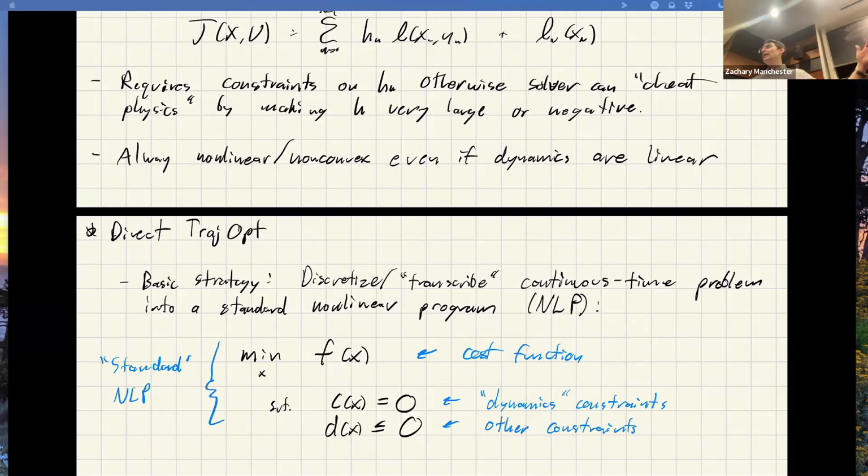In particular, IPOpt, which is the one we're going to use in here, which was developed at CMU, actually in the chemical engineering department, takes in problems of this form. There's also SNOPT, Knitro, a bunch of large scale NLP solvers out there.